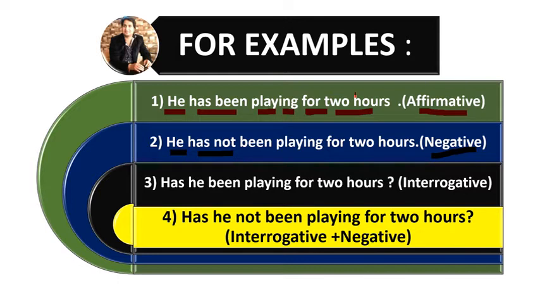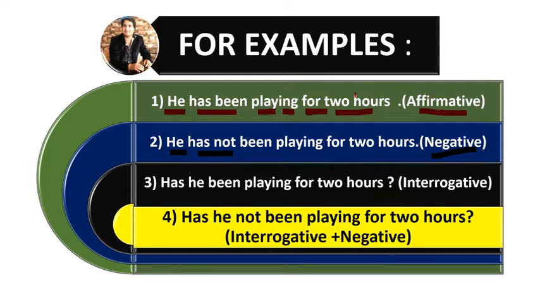And when I talk mainly about the interrogative, you must understand that in interrogative we have something unique, and that is the use of a question mark. When I say he has been playing for 2 hours, I have just brought the has outside the sentence and then the rest of the sentence. So the sentence automatically becomes interrogative.